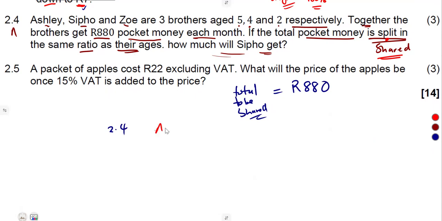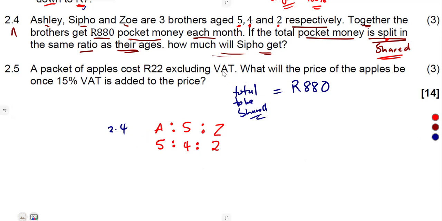So that's Ashley, as to Sipho, as to Zo, in the ratio of their ages, 5 as to 4 as to 2, as it is given. So Ashley 5, Sipho 4, Zoo 2.